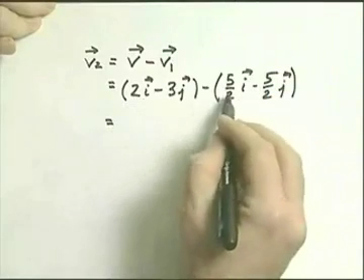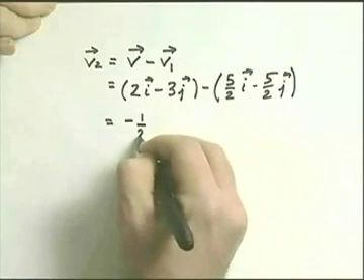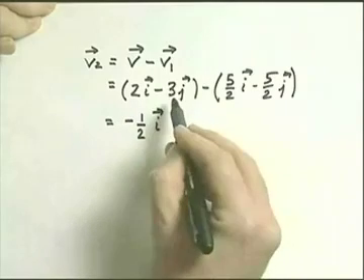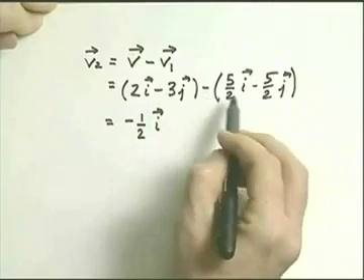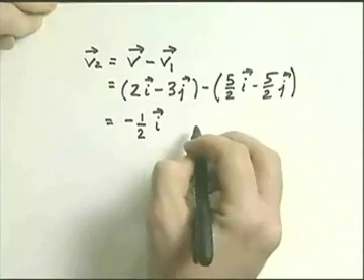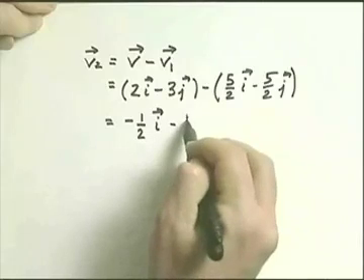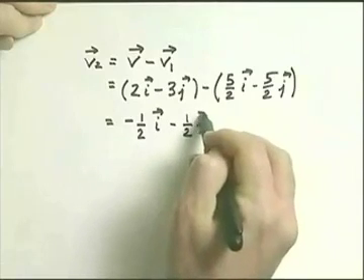So 2 minus 5 halves is negative 1/2 i, and then negative 3 minus a negative 5 halves is negative 3 plus 5 halves, which is going to be negative 1/2 j.